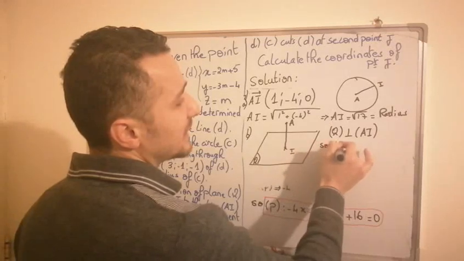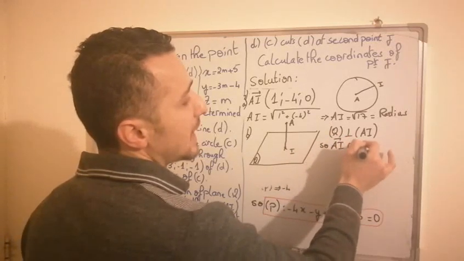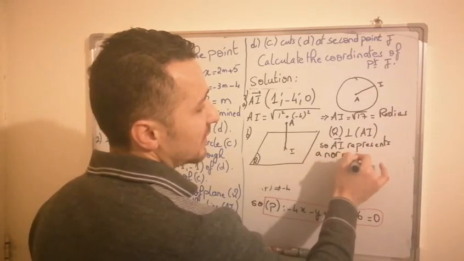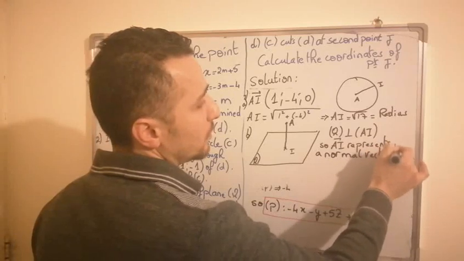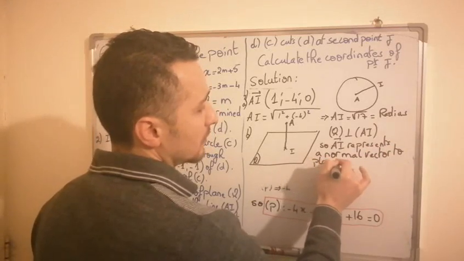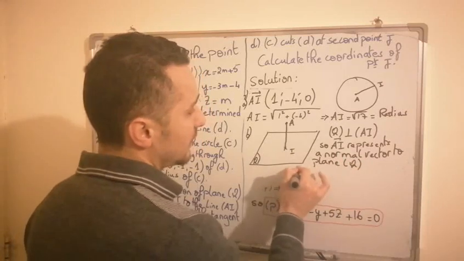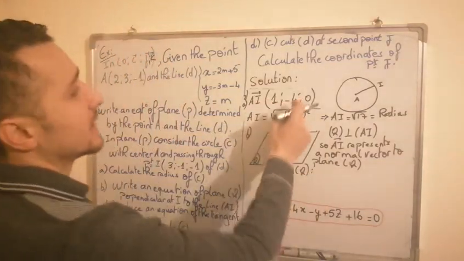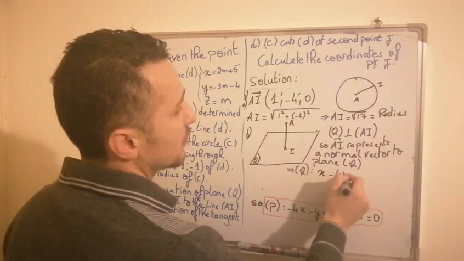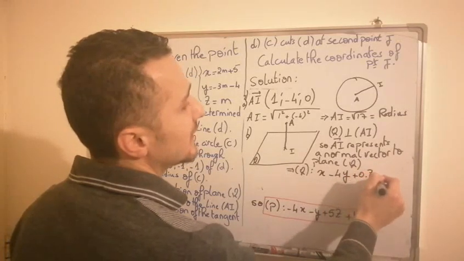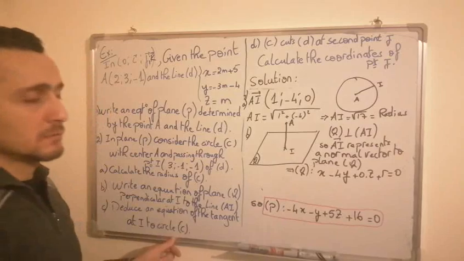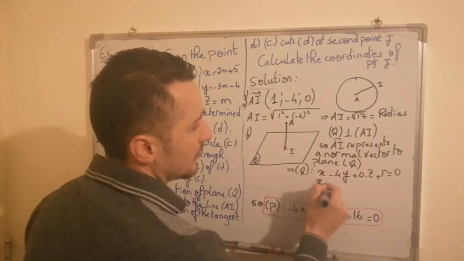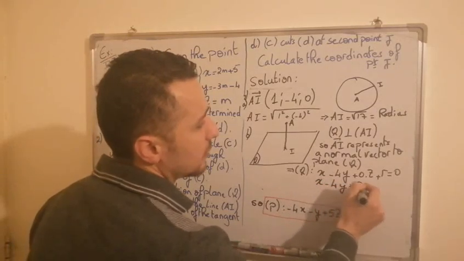So, the vector AI represents a normal vector to plane Q. So, the equation of plane Q is in the form, AI having coordinates 1, -4, 0, x minus 4y plus 0 into z plus r equals 0. So, it's x minus 4y plus r equals 0.